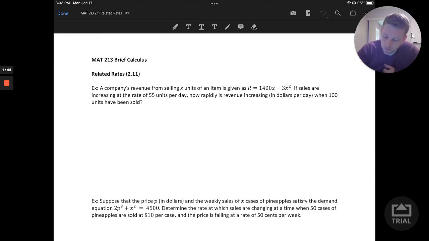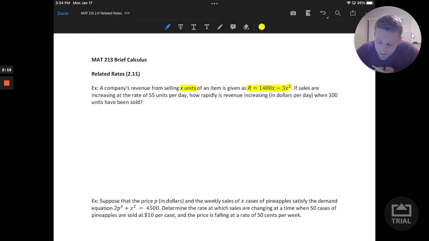A company's revenue from selling x items, x is one of the variables in our equation here. This is really the quantity of items that I'm selling. So x is going to be some production level. We're also given a revenue equation based on this x value of units.